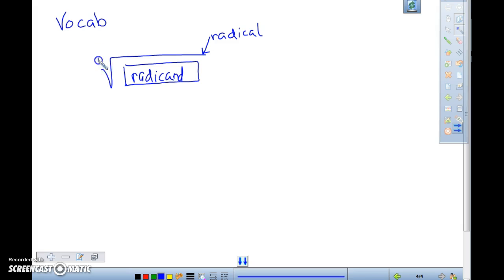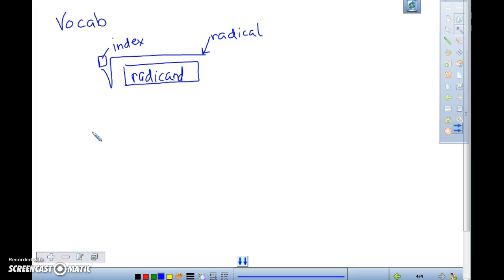And if there's a number here, we call this the index. Now, if there's not a number written here, we understand it to be a 2 for square root. But you could also do cube roots and 4th roots and 5th roots, however many. And all that does is change the name of the game. Instead of rolling doubles, if the index is a 3, you'd have to roll triples.